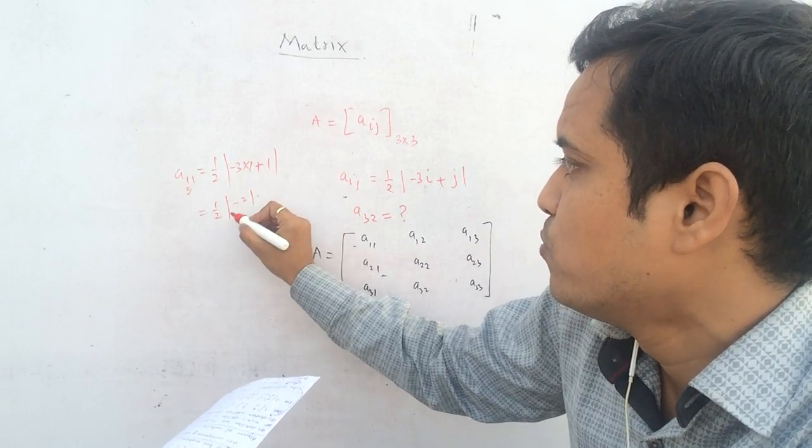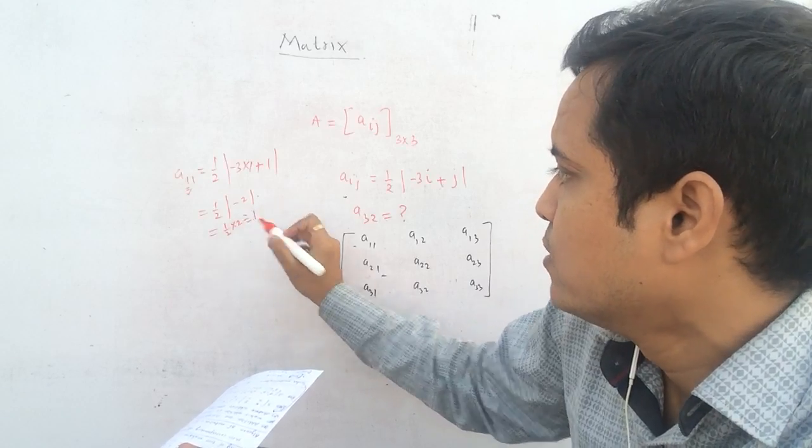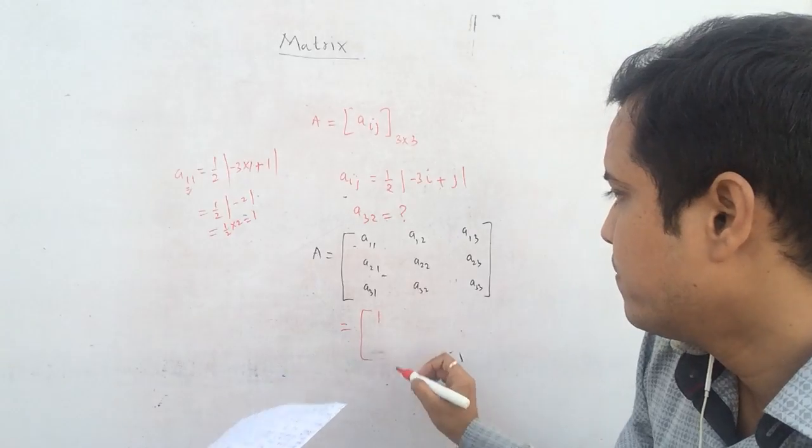Since there is a mod here, you take the positive value. So it is 1 by 2 into 2, which is 1. So at the place of A11 you write 1.